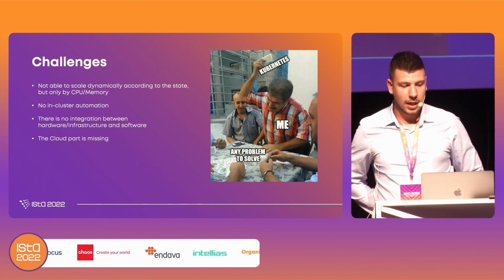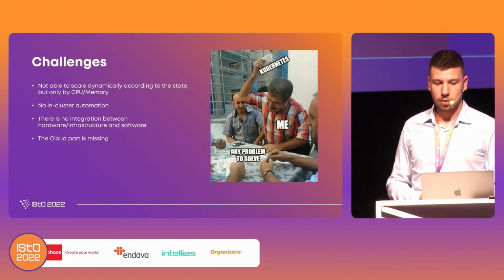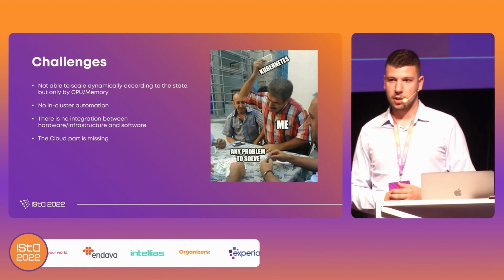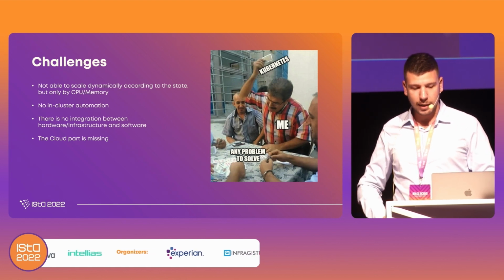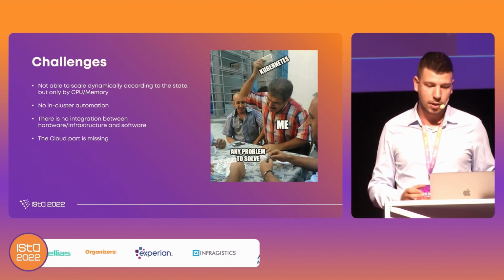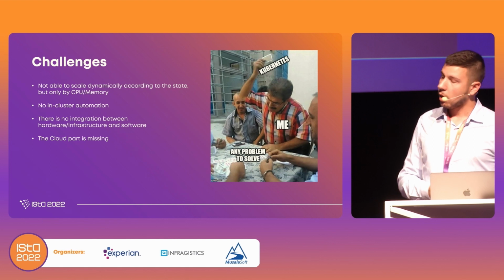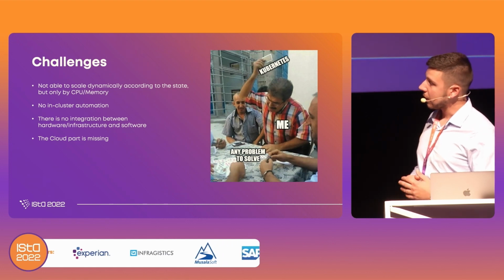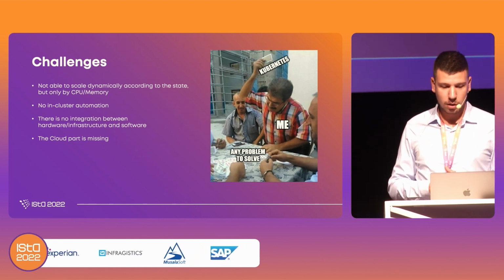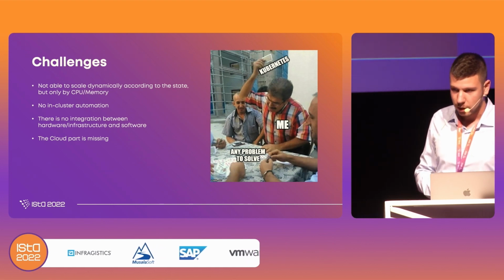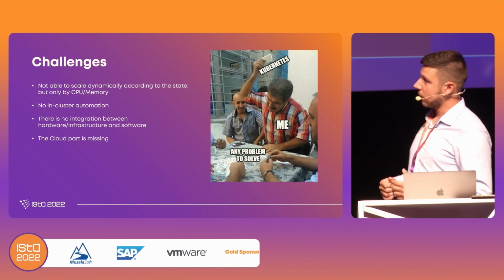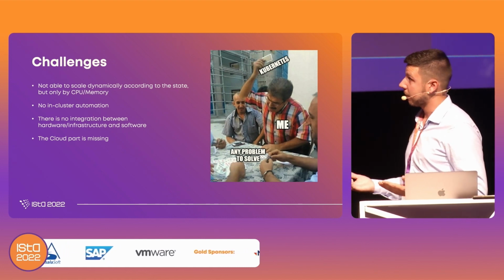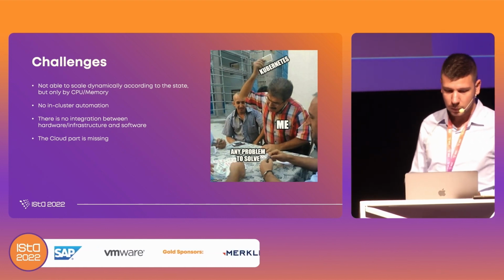We can most likely still scale on CPU and memory-based metrics, but we all know that they are not 100% correct about what our application is doing. So to tackle this issue, we need to scale our application by using its state. So what is our application actually doing at the moment? Let's say that it's processing something and the intention is to use a lot of CPU and memory.